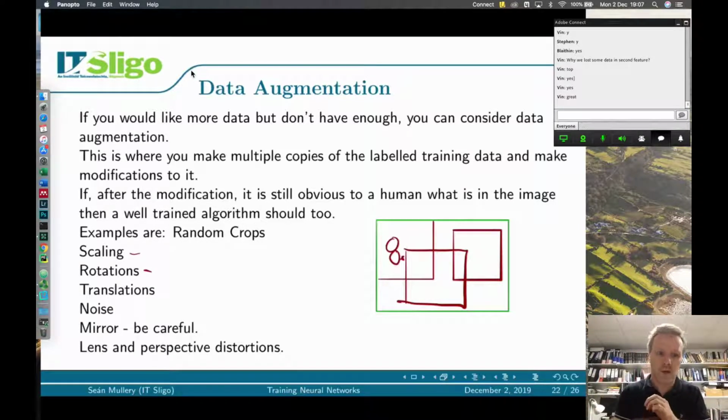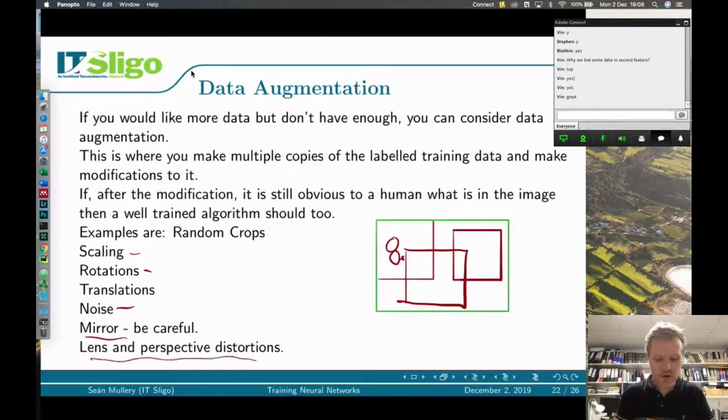If you add noise to the pixel data, normally a human can still figure it out. You can mirror it, so a mirror of a dog or a cat will still be recognized by a human. Just be wary if it's got text in it, or if it's something that doesn't make sense when it's mirrored, that can be a problem. So do be careful about what sort of data you do that to.